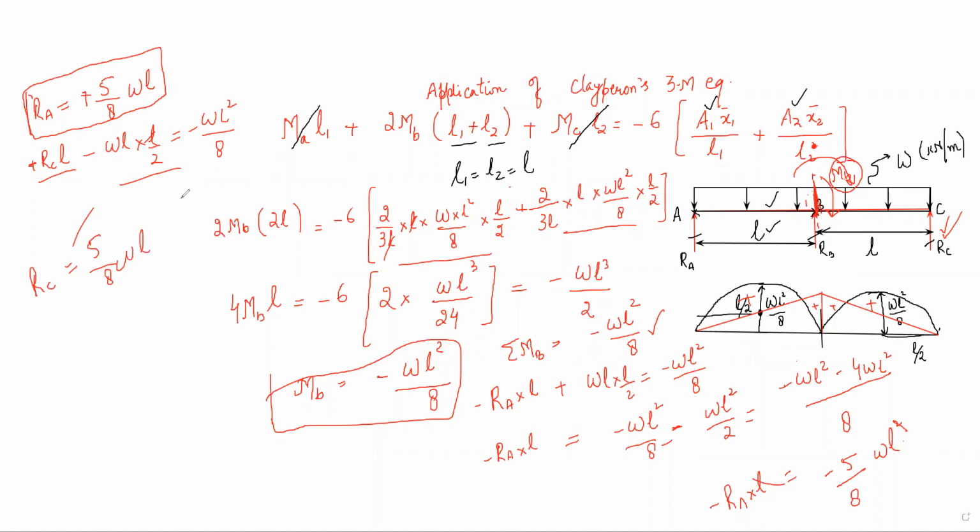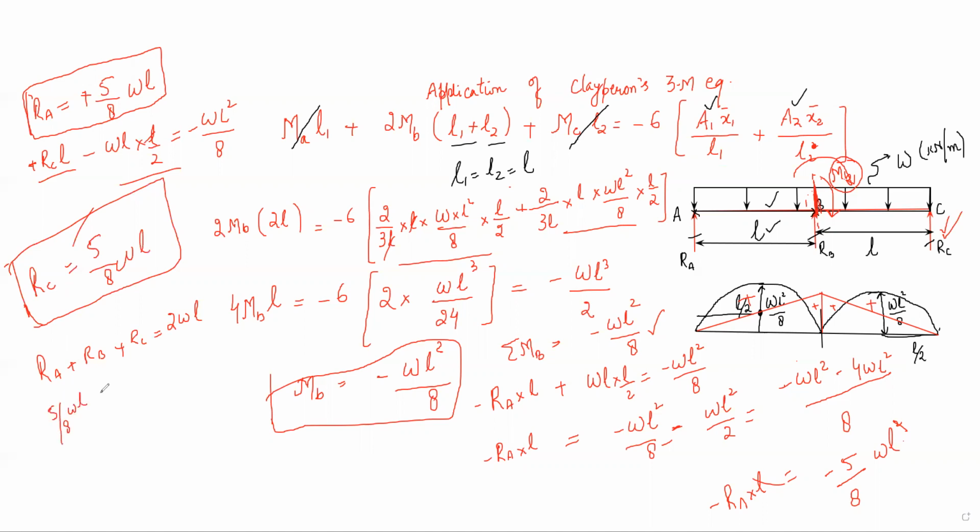Okay, so here we can at least obtain the information that RA is equal to RC. Now we have RA plus RB plus RC is equal to the total load acting on the beam, that is W into 2L actually. So we know the value of RA, that is 5 by 8 WL.